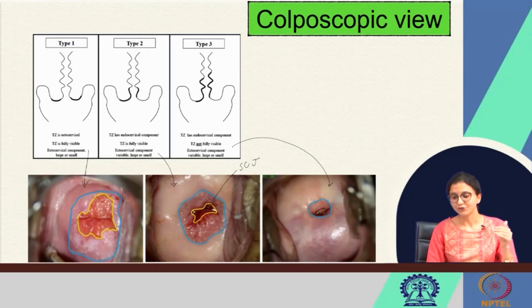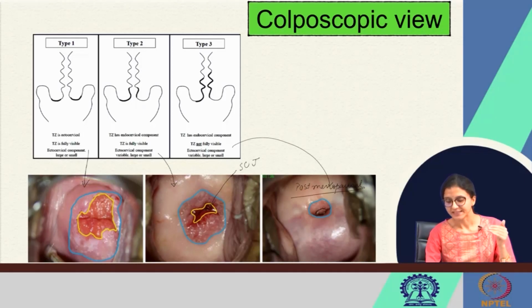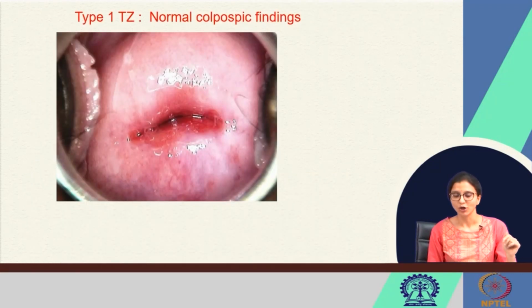We cannot see it from outside. That yellow line cannot be appreciated here, it has gone inside the endocervical canal. It is mostly seen in postmenopausal women, and this is type 3, where we say that colposcopy is not satisfactory. It is unsatisfactory as we cannot visualize the transformation zone fully.